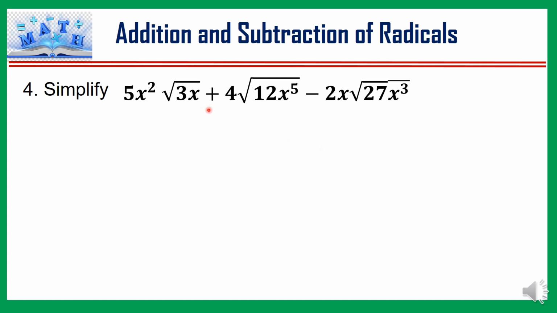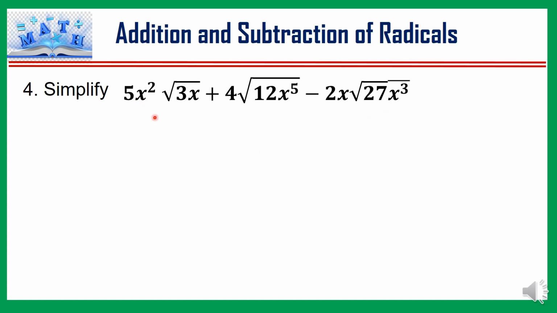Again, ang rules po is tingnan kung meron tayong like radicals, and then second is tingnan din yung mga terms inside the radical symbol kung pwede natin siyang isimplify by finding the factor of those terms, gaya nitong 12x to the 5th and then 27x cubed.